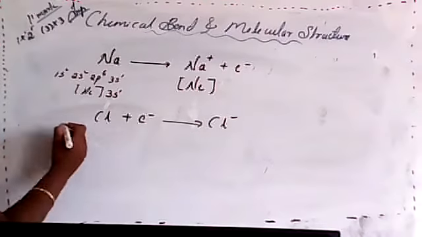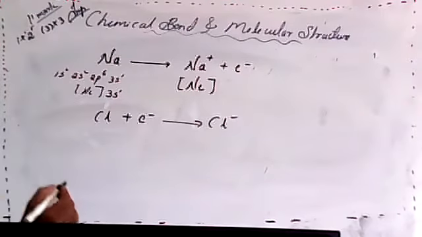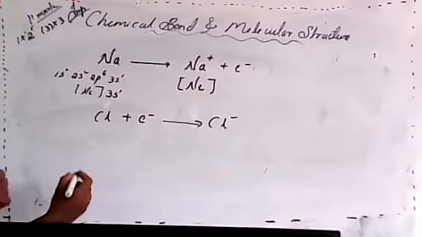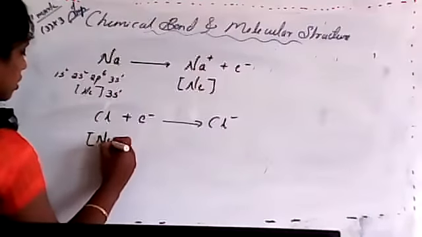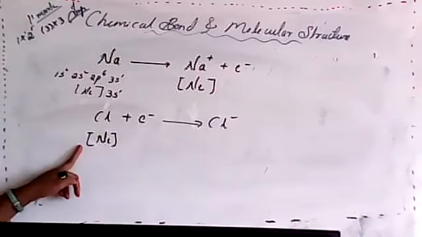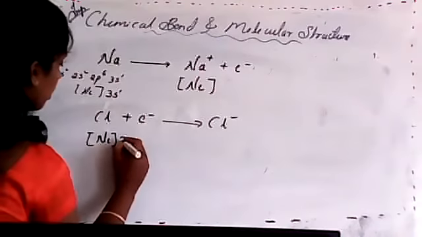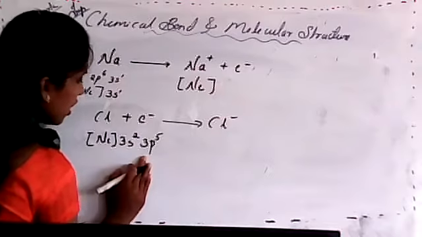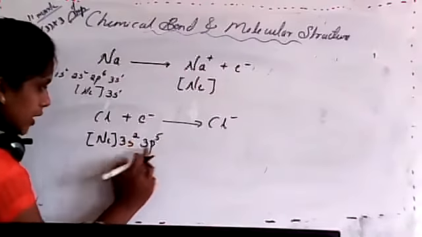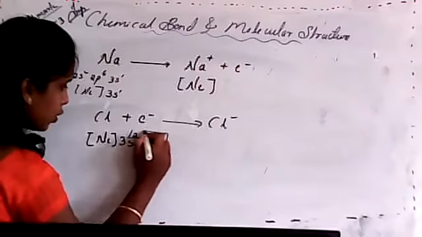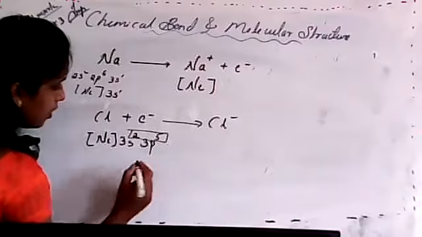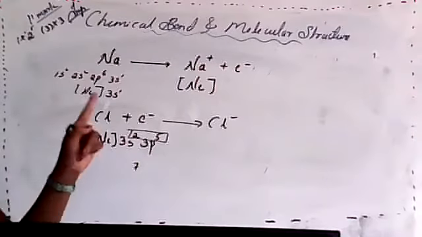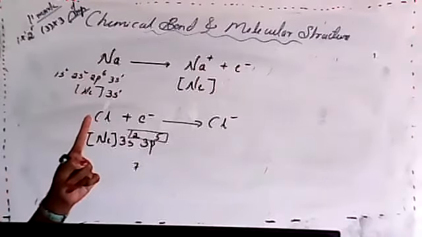We can directly write: neon, 3s2, 3p5. Just see here, the total number of valence electrons is 7. To attain an octet electronic configuration, it needs only one electron.